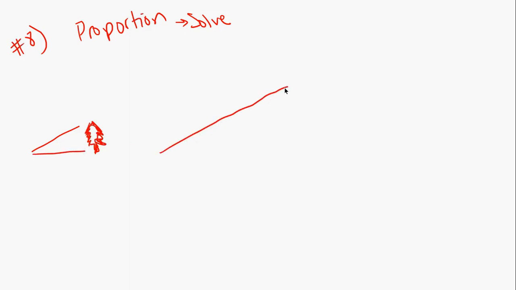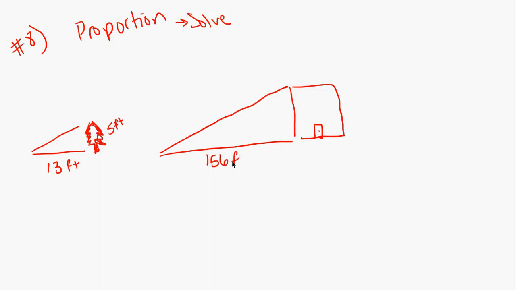And they give us a bigger triangle with a building. They say the little triangle is 13 feet by 5 feet. The big triangle is 156 feet by we don't know how many feet.